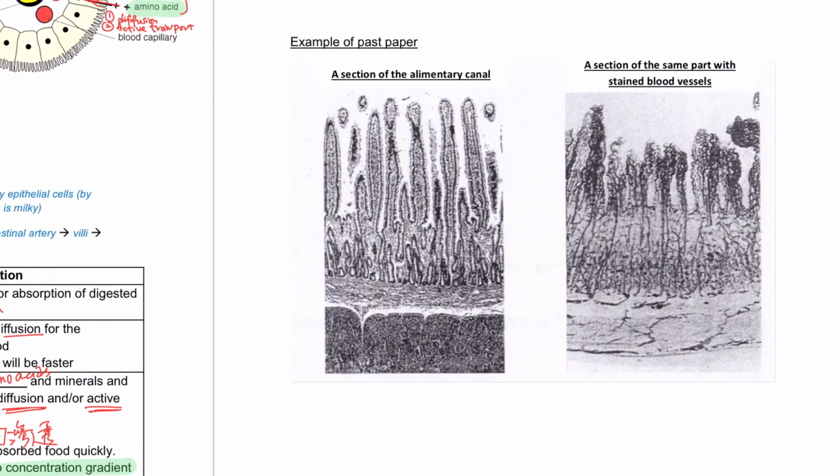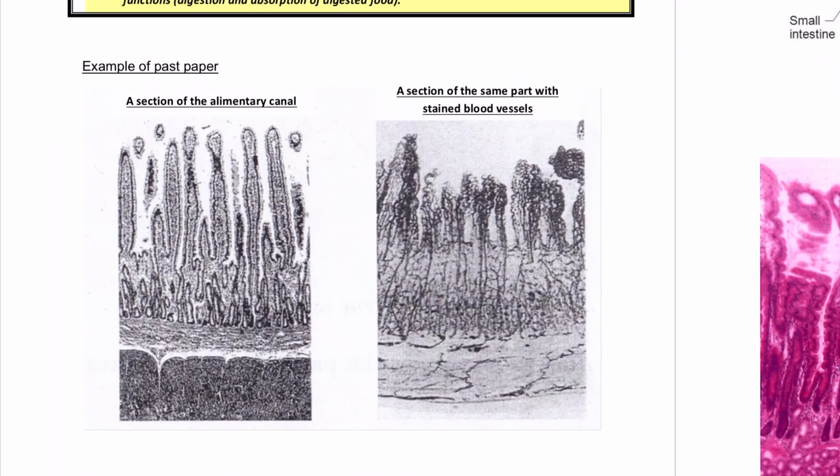Now have a look at page 16. Here you can see two photomicrographs showing a real alimentary canal of human beings. Okay, and then when answering questions regarding absorption of food, remember, write only the features that you can observe from the photomicrograph.